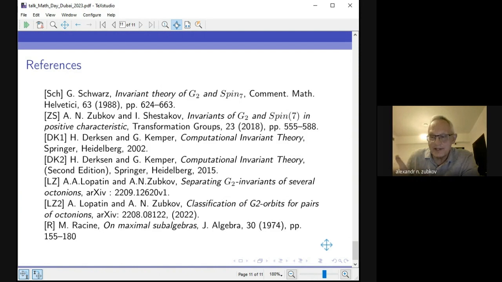This result says that you can obtain the set of generators from the multilinear invariants.